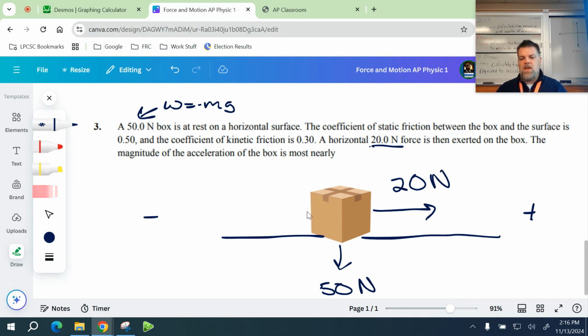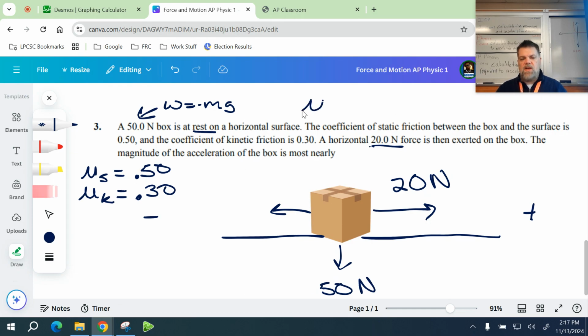So the real question is, there's friction here. It says it's starting at rest, and they give us 2 coefficients. They give us the coefficient for static friction, which is 0.50, and then the coefficient for kinetic friction, which is 0.3, right?